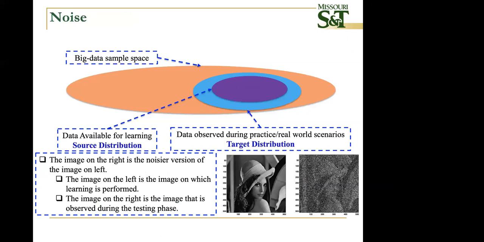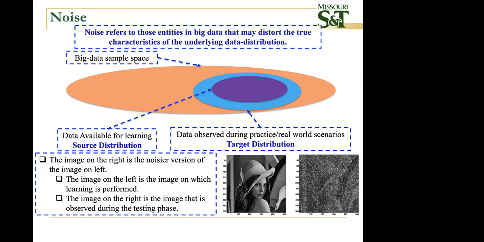So noise. This is the other one that we typically encounter with all problems. Noise refers to those entities in big data that may distort the true characteristics of the underlying data distribution. So basically here, you are using data available for learning, which is the source distribution, and data observed during real practice, or the target distribution, and this data is affected by the noise.